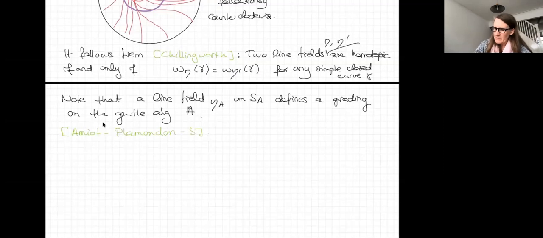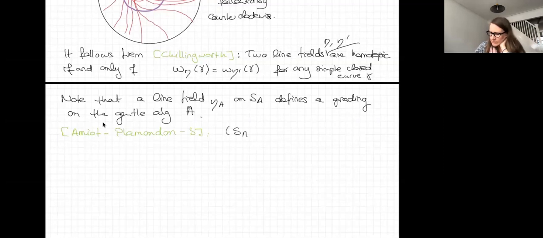And then we found a particular line field which we can define simply on the polygons and then glue together from these different polygons to get the line field on the whole surface, such that we can actually describe the winding numbers, and this line field will give us that zero grading.